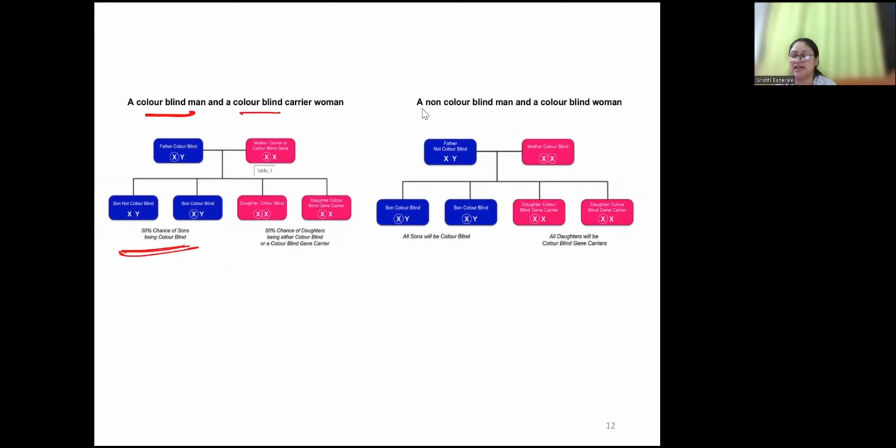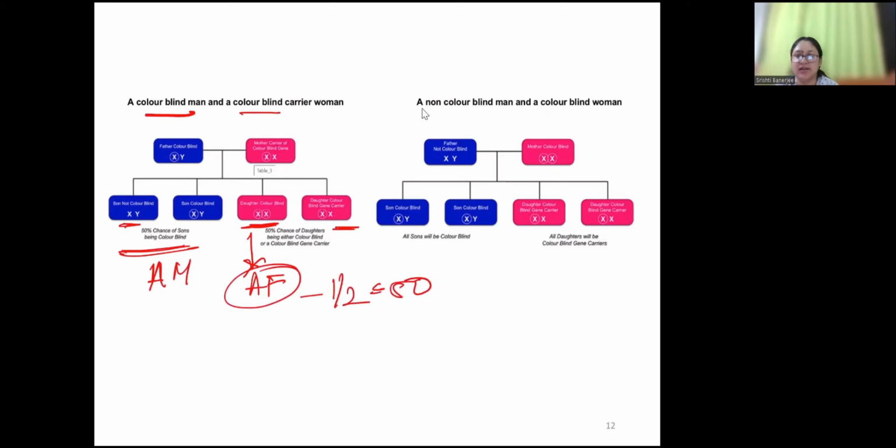So definitely the sons, 50% their chance that they will be colorblind, and one might escape and will not be colorblind. And in case of female, this is very important, 50% of them will be affected. Now we have affected females also. Apart from affected males, we have affected females also, and that is also one out of two, that is 50%, and the other one will be a carrier.